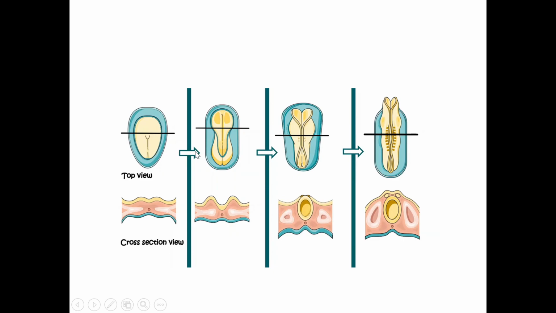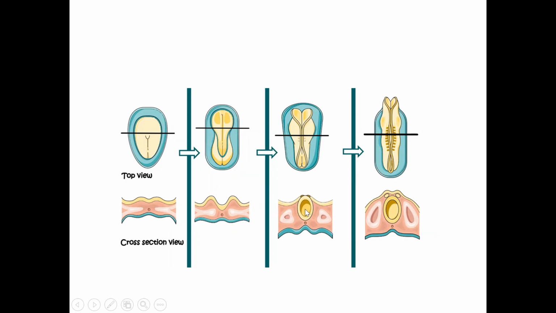If you see the entire process in a single picture, first a groove is formed, then it starts folding, folds further, and then at the end it forms a complete tube. In a cross-section view also, a groove is formed, and then it folds to form a tube, and this is a completely formed tube.